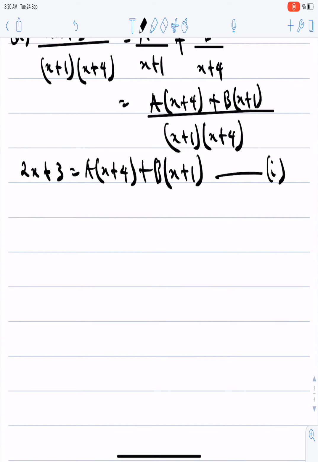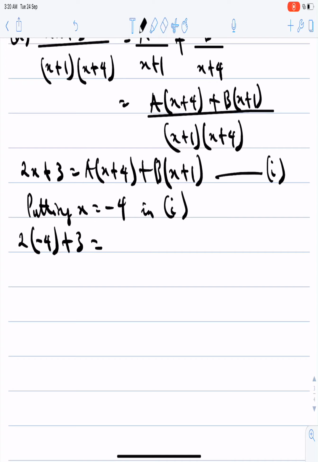So if I put x equals minus 4, I'll be able to get b. Putting x equals minus 4 in 1, that means 2 times minus 4 plus 3 is equal to a times minus 4 plus 4 plus b times minus 4 plus 1.